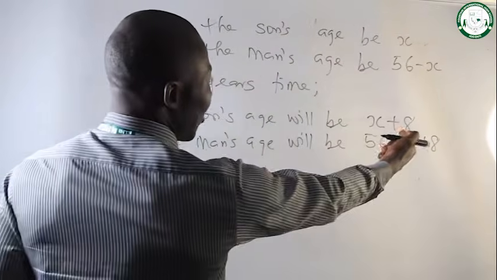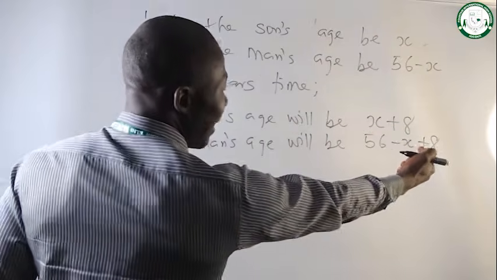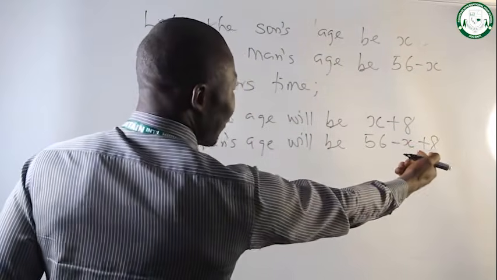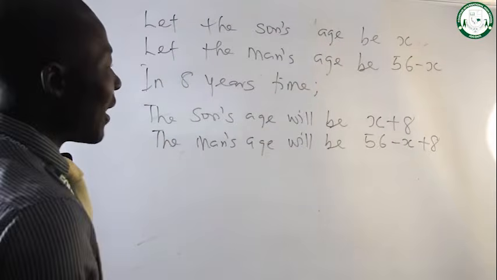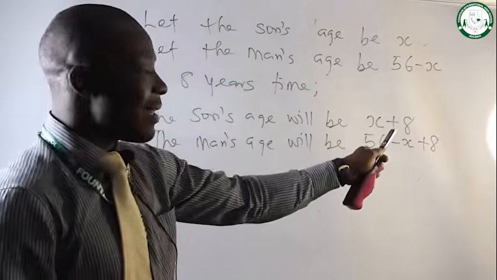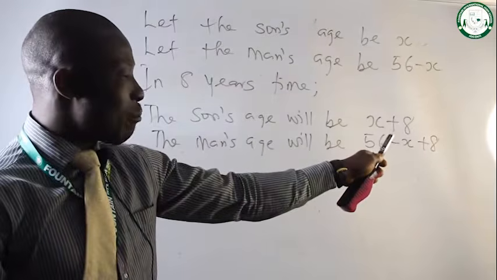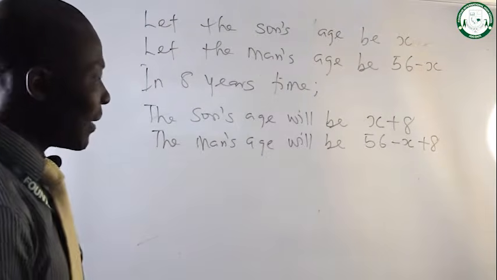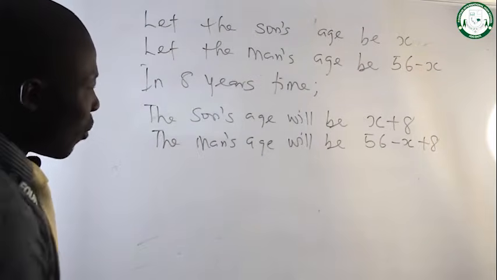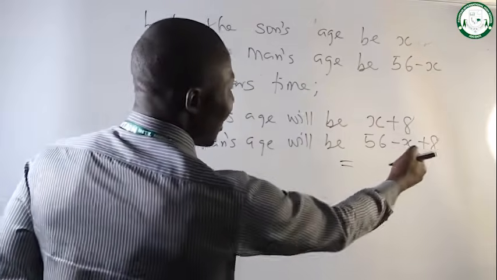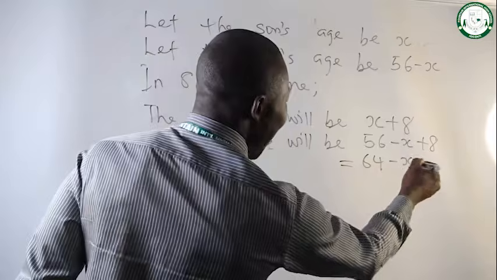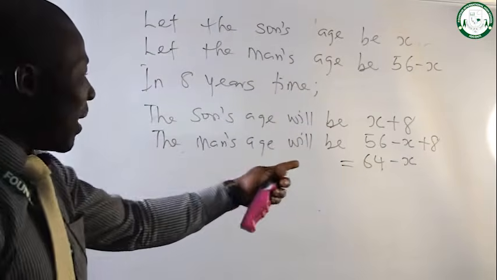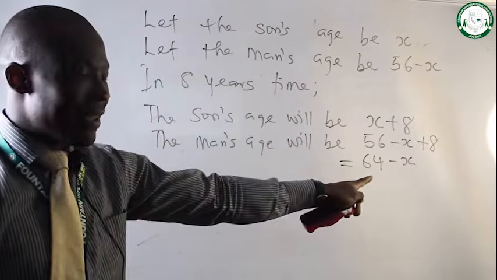I'm adding 8 to the son in 8 years' time, and definitely I will do the same thing to the father, because it is 8 years to come. But if it is 8 years ago, I will subtract, not add. Now, you will agree with me that 8 plus 56 will give me 64 minus x. This is what the man will be in the next 8 years.